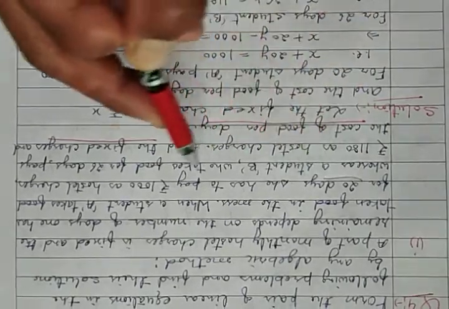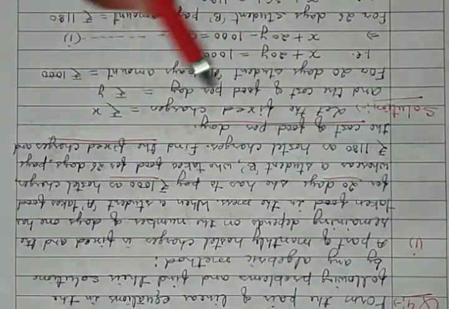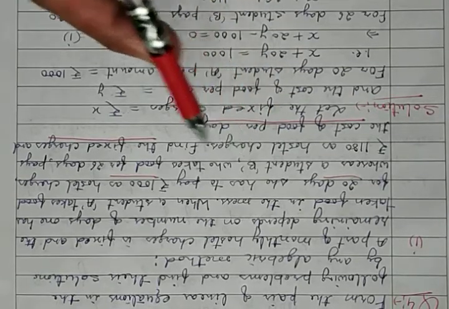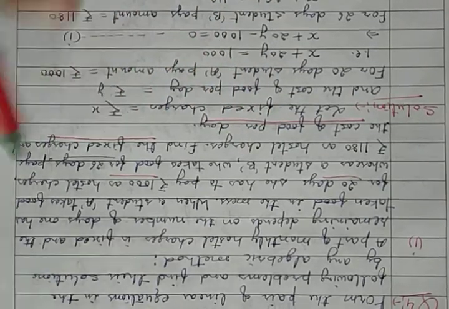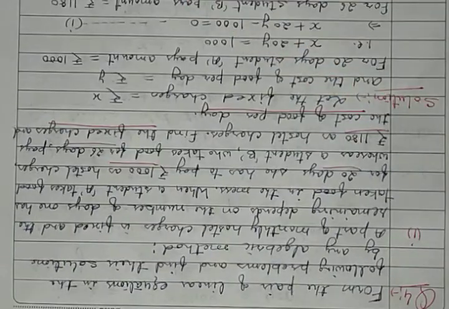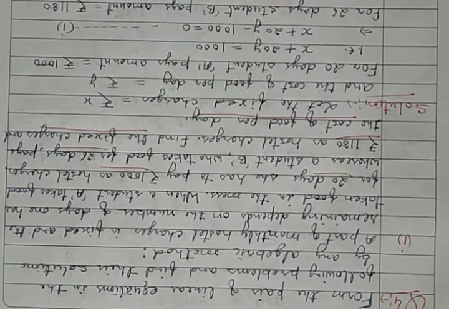Whereas a student B, who takes food for 26 days, pays rupees 1180 as hostel charges. Find the fixed charges and the cost of food per day.